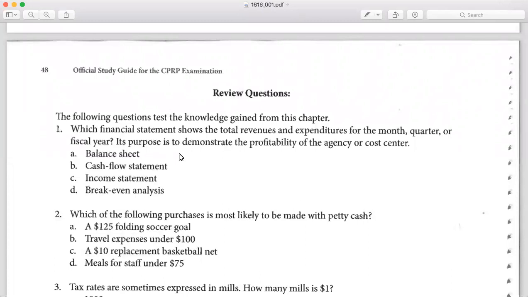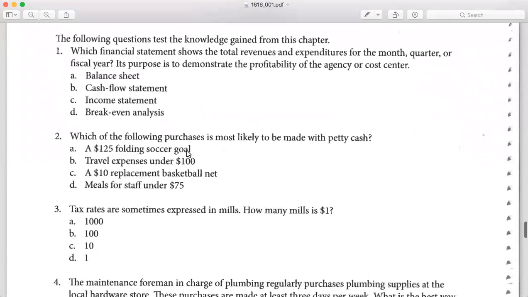Okay, it is also C. It is tricky, you're right. The reason is petty cash is not used for meals or travel expenses. That's one of the things the book said. And $125 would be over the amount for the soccer goal. So the only one that's obvious is a $10 replacement basketball net. But that's good.